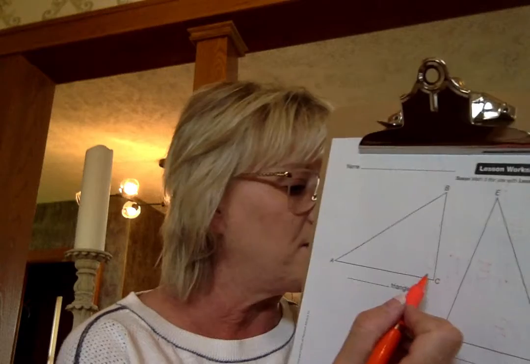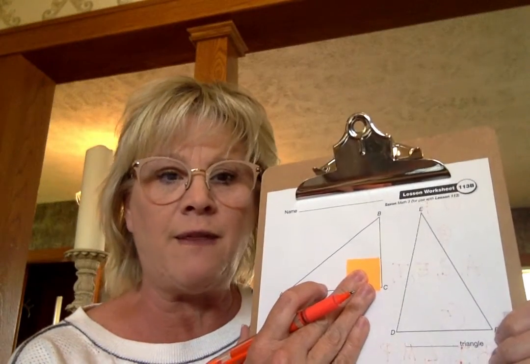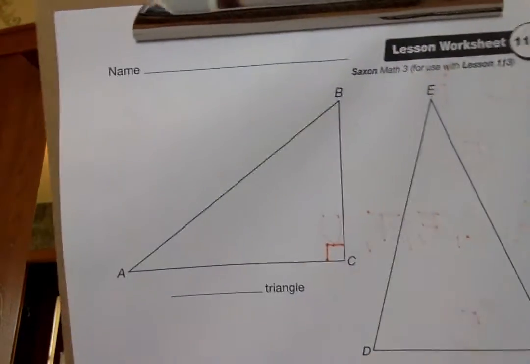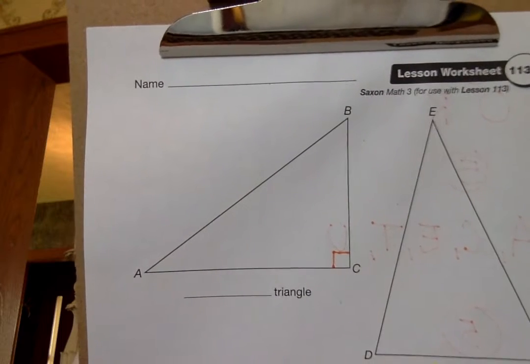Right here, C. So I'm going to use my little square that I cut out and see if it fits in there. And yes, it does. So I am going to make a small square inside angle C to show that it's a right angle.